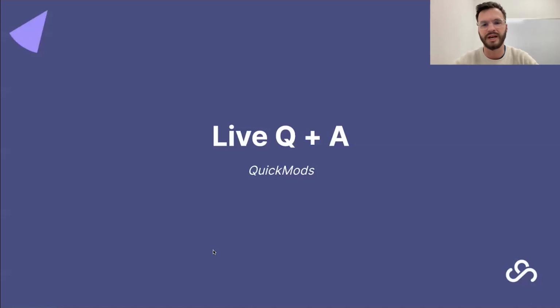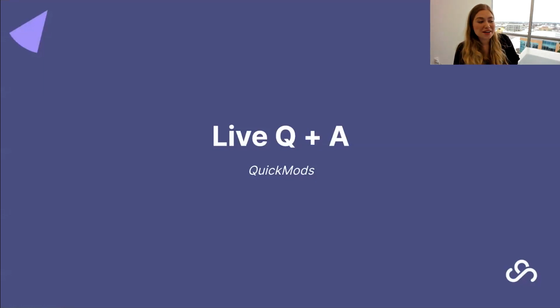Okay, and with that, we'll get to the more general Q&A, and maybe we could look at some of those responses too. Yeah, so we actually have no one who has asked a question yet, so we'll give you guys a second to pop those questions in the Q&A if you have any. But the first thing that we have is: first heard about QuickMods through SupplyPike, and then Brandy also said item swap was aware of, but only because of SupplyPike.